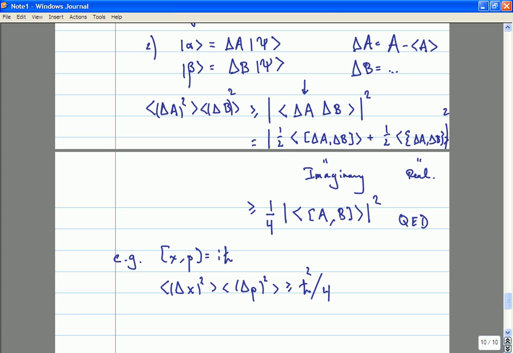So if you measure position and you get a value, then where do you start the time evolution from? Well, according to the standard rules of quantum mechanics, which we'll revisit when we discuss measurement theory, you collapse the wave function of the state, and you start in a position eigenstate. And a position eigenstate has an infinite variance of the momentum, according to this formula.